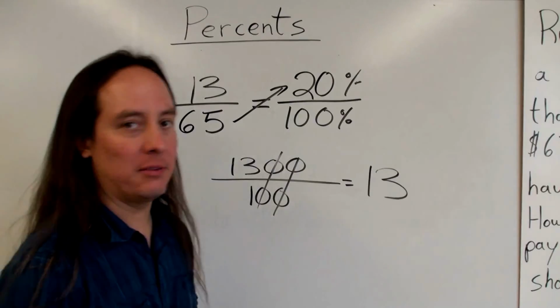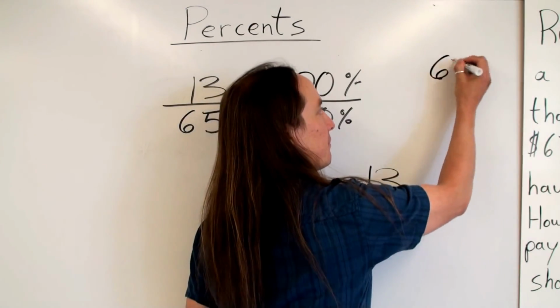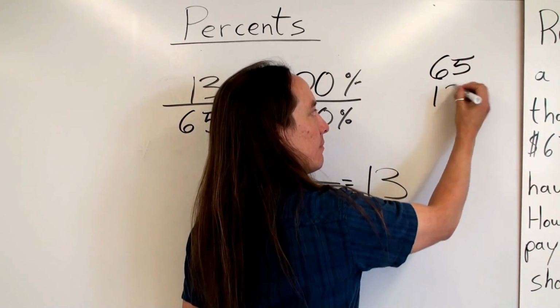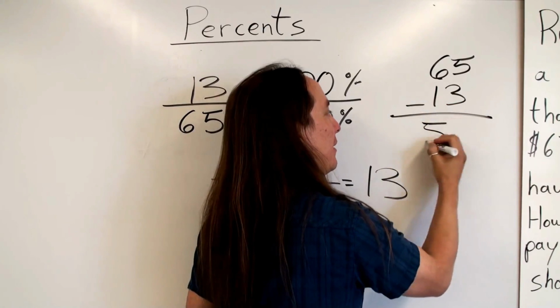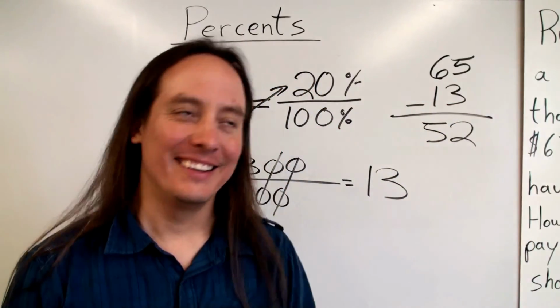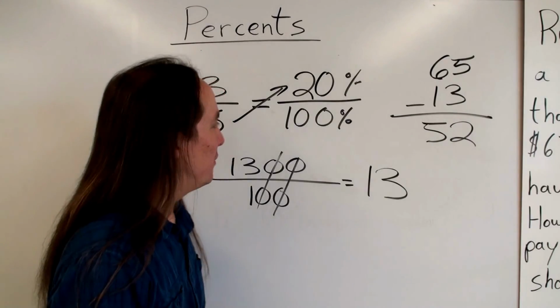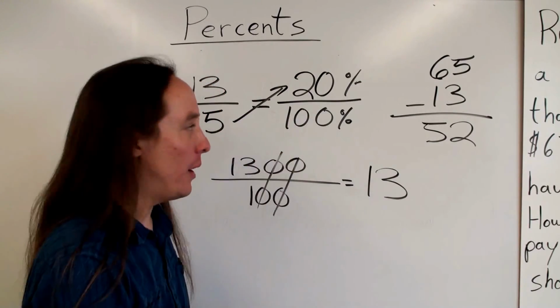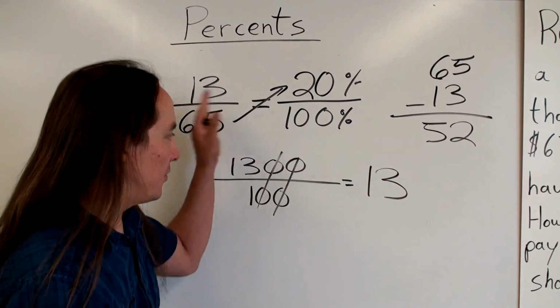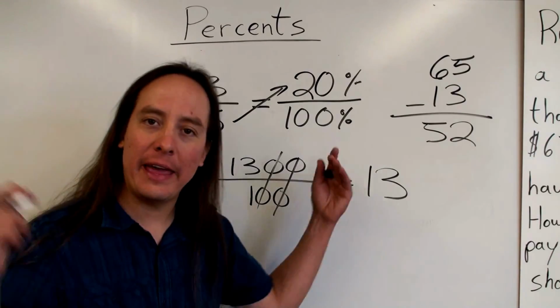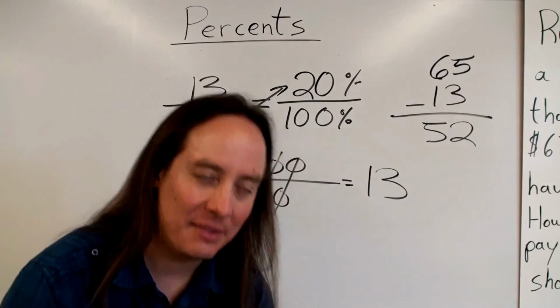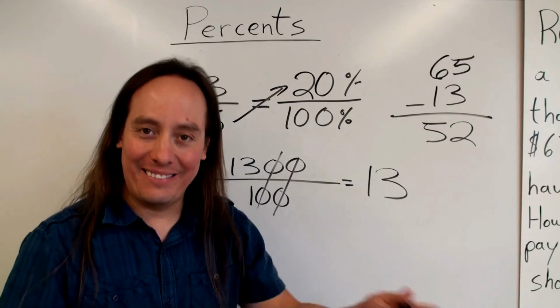I see that happen a lot with my students. Sorry, I can't talk when I'm subtracting. My students, they'll do all this stuff right. They set up the proportion correctly, they do the operation, they get 13, and they answer 13. And I'm like, no, it's not 13. You've got to read the question.